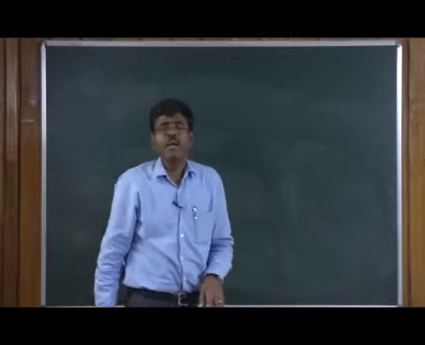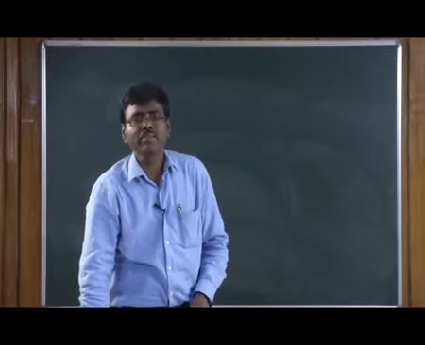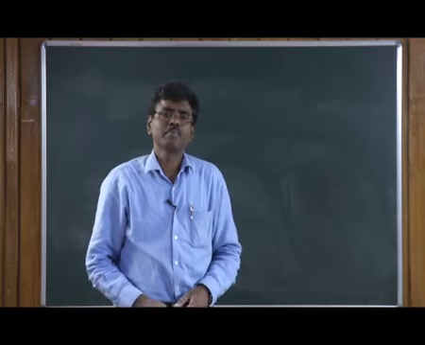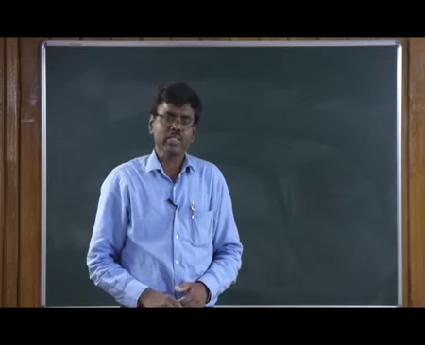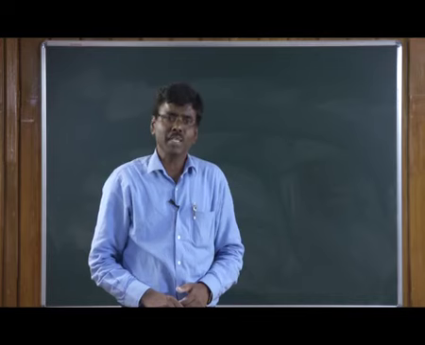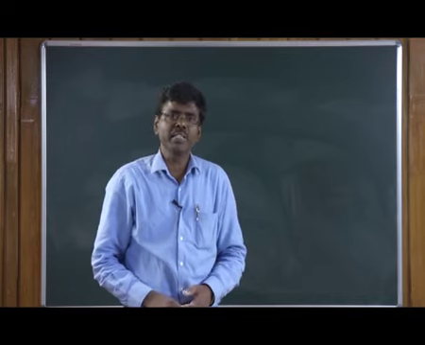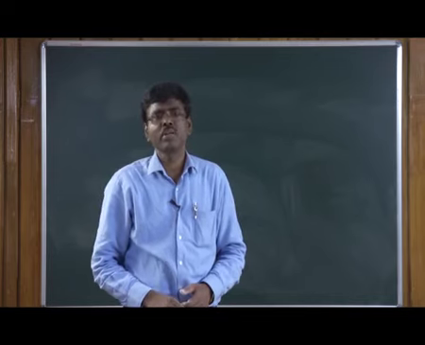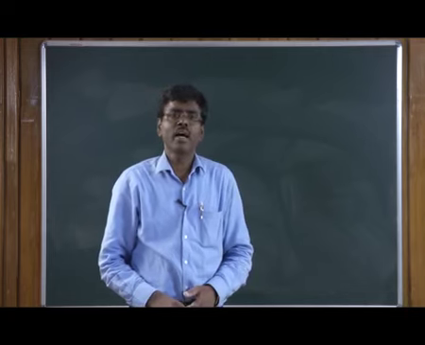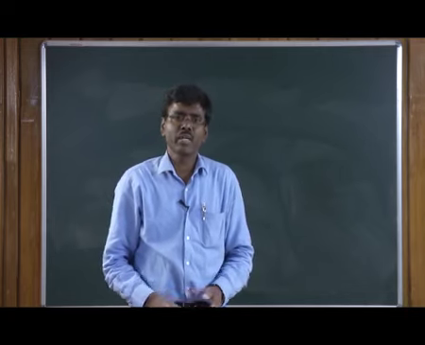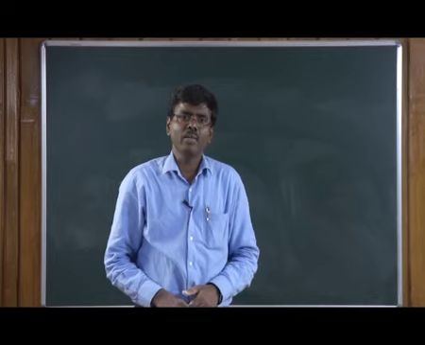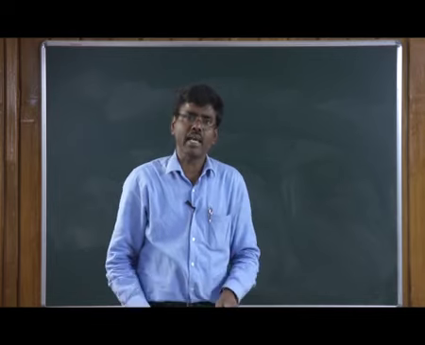Okay, in summary, today in this class we have seen the structure, nomenclature, preparation and physical properties of carboxylic acids, and with this we will conclude this lecture. In part 2, we will study about the chemical reactions of carboxylic acids. Thank you.